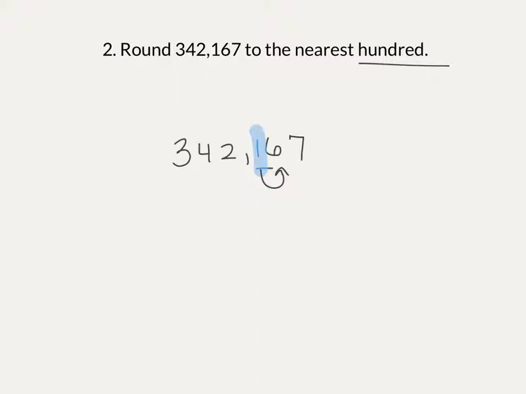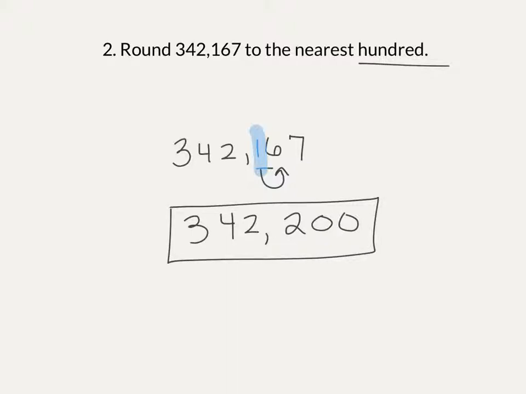Since 6 is greater than 5, we're going to round 1 up to 2, and then change all digits to the right of that number to 0. So we have 342,200, and that's our final answer.